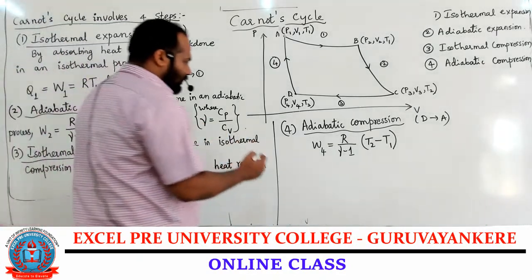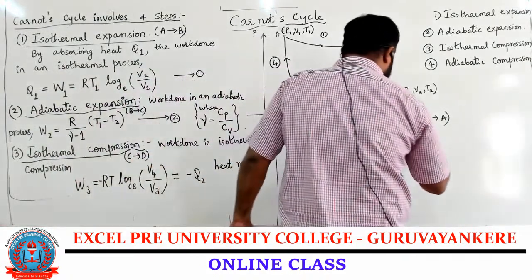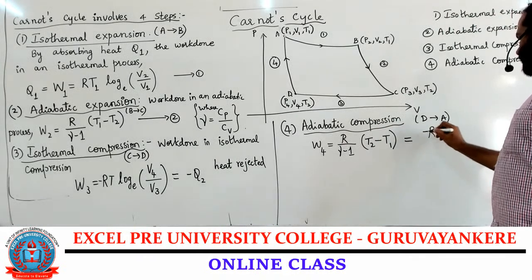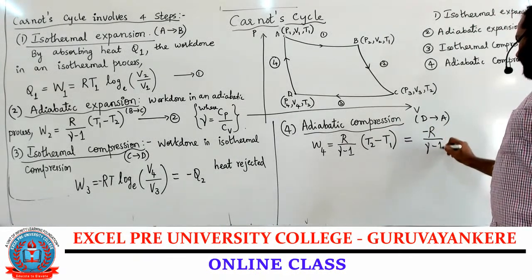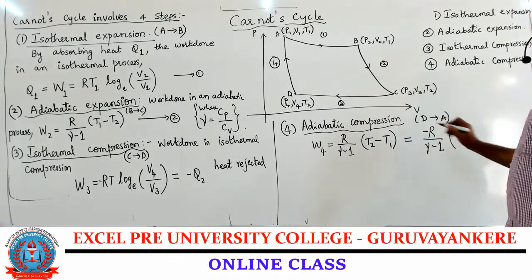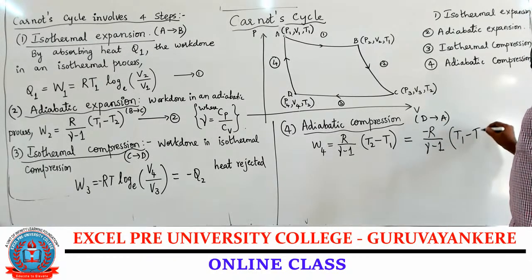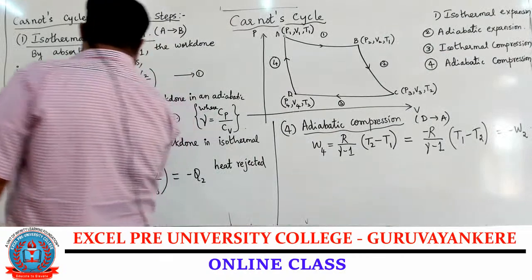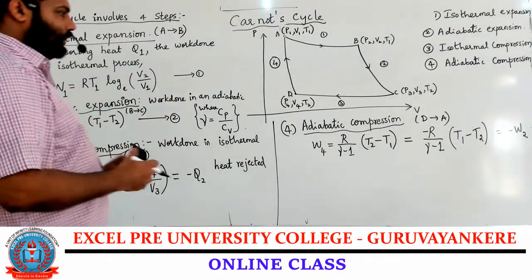So what is the net work done? See, this W4 I can write as minus R by gamma minus 1 into T1 minus T2, which will be minus W2 also. Correct? You can see it clearly. This is minus W2 also.